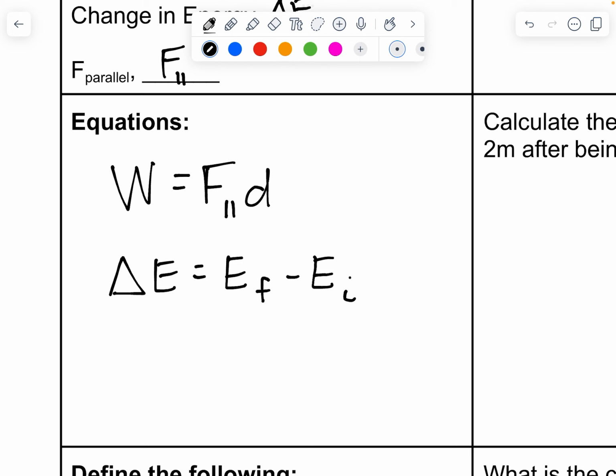Okay, and then if an object has energy, then it has motion. So that's called kinetic energy, and the formula is 1/2 times the mass of the object times the velocity of the object squared. And the units for energy are joules, and the units for work are joules as well.